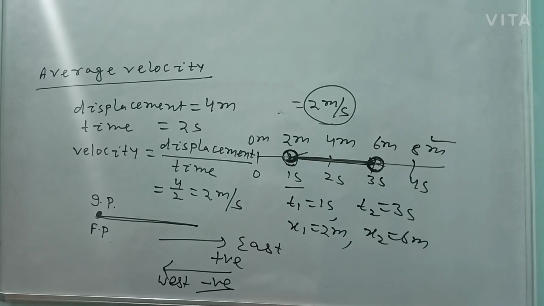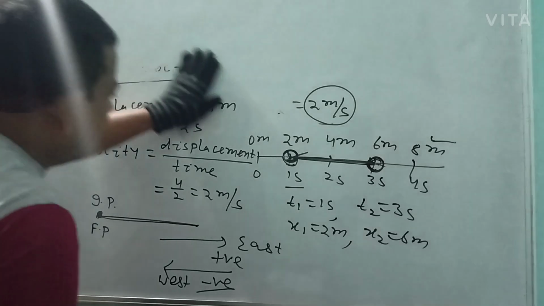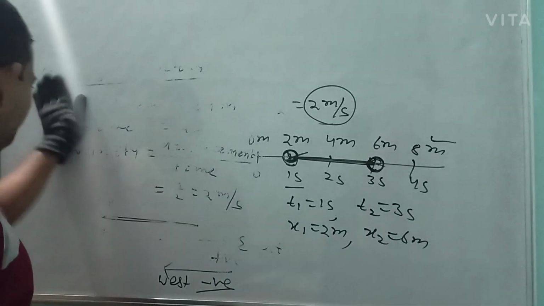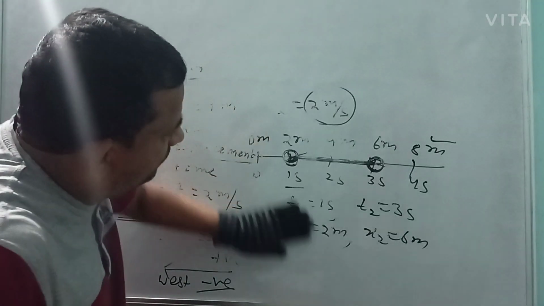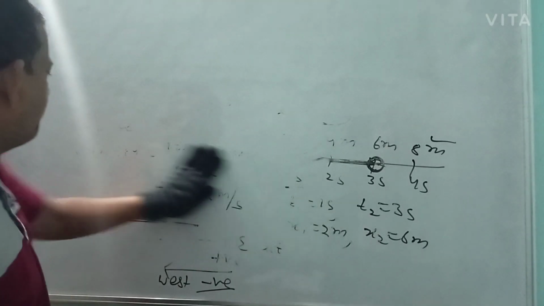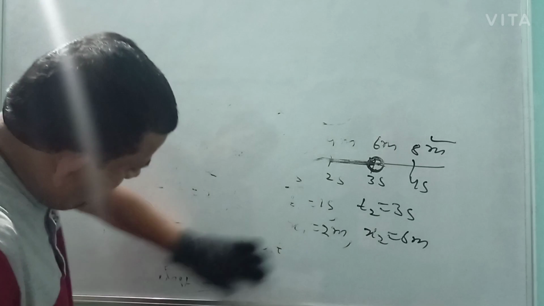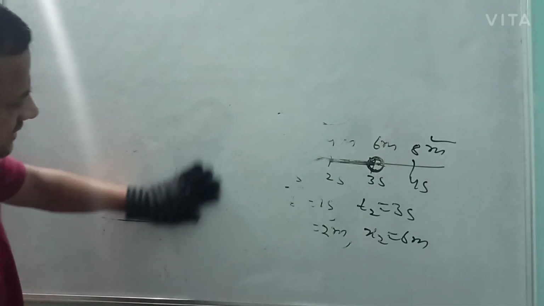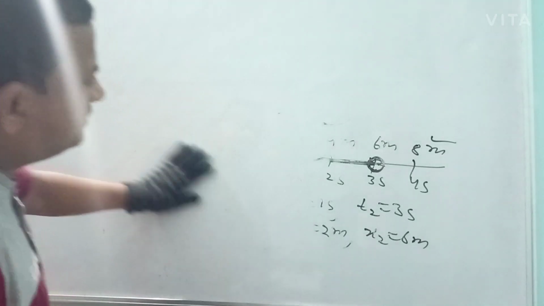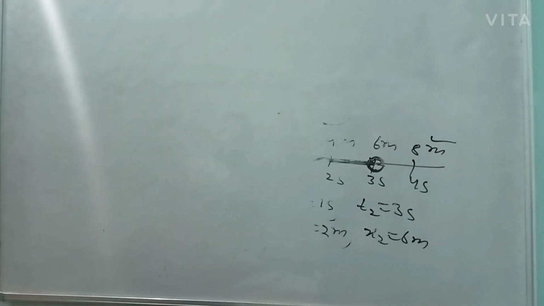If this velocity is represented graphically, you check. How to represent this velocity graphically? I mean, this is a graph between velocity and time. Suppose I make a graph like this.